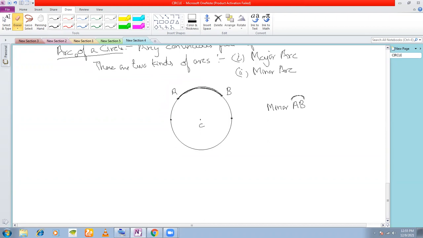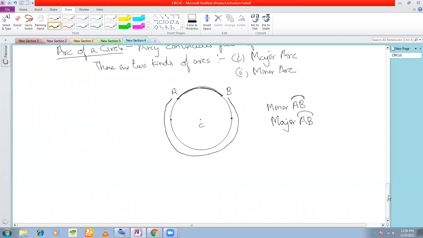So an arc that is greater than half the circle, let's say this arc here, is called the major arc AB. Is the definition of arc clear? Yes, sir.